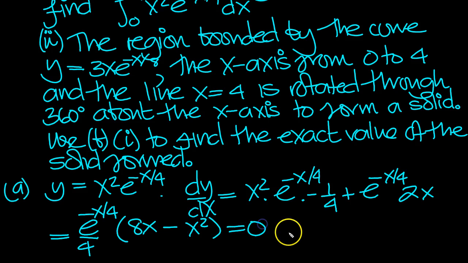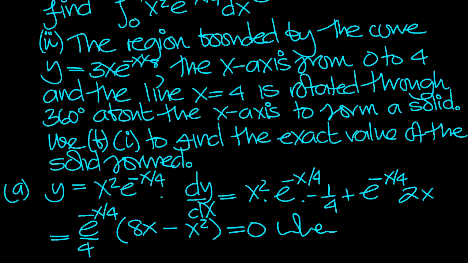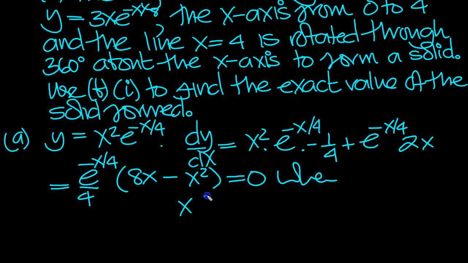So this equals 0, which is simply take an x outside the bracket, 8 minus x, isn't it, equals 0. So there we just factorise that, and it equals 0.